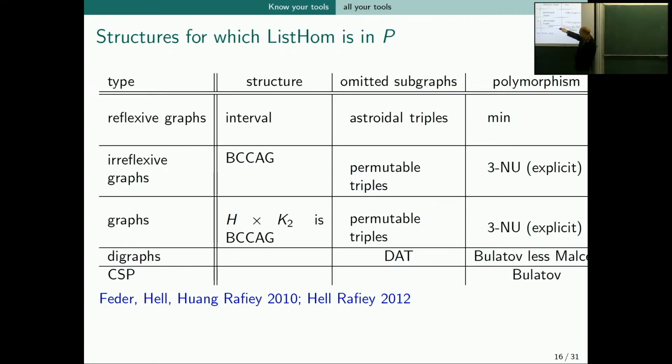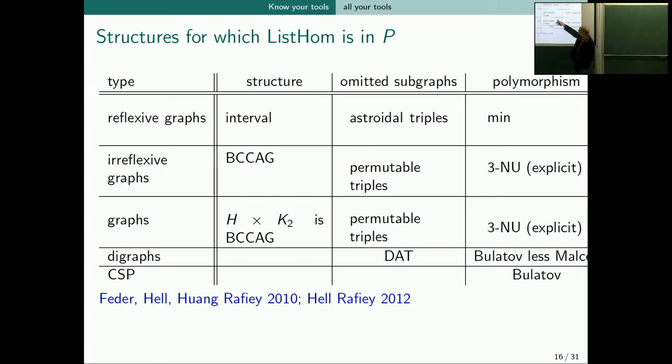it wasn't so interesting in this paper because for digraphs, the easy things are not characterized by 3NU. But in this paper, they found a nice omitting subgraph characterization that characterizes the existence of a 3NU. Right? And so the definitions of the 3NU here, they knew it existed, but they didn't have it explicitly.